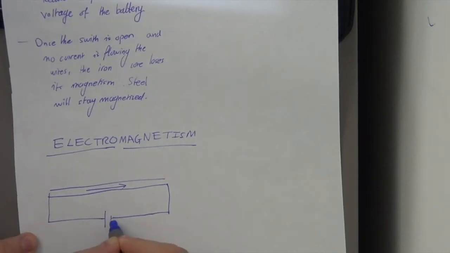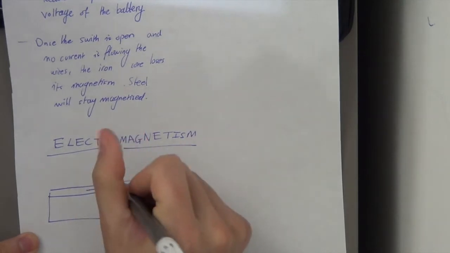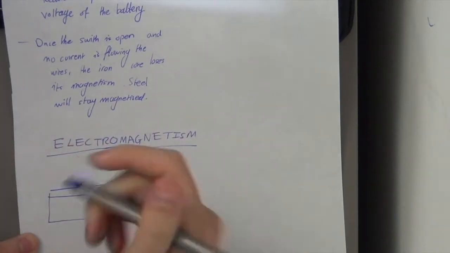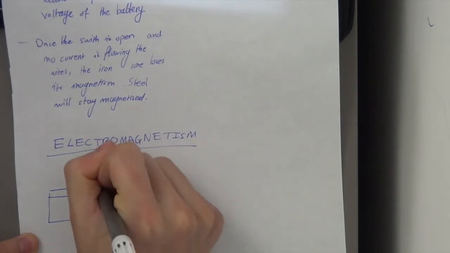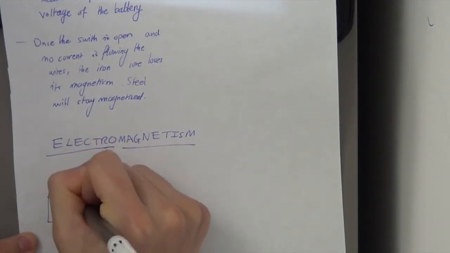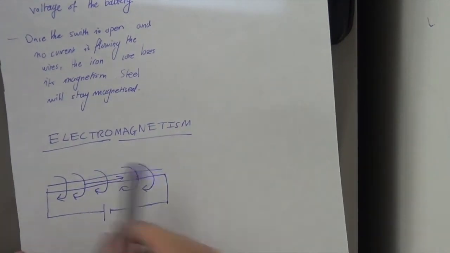If I connect up the cells properly, and now current actually flows around this wire, we are going to get, according to the right hand rule, a magnetic field that is shaped like this.